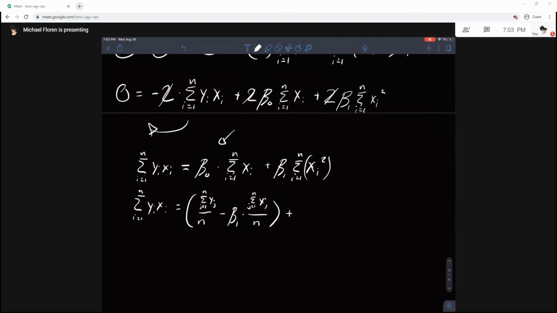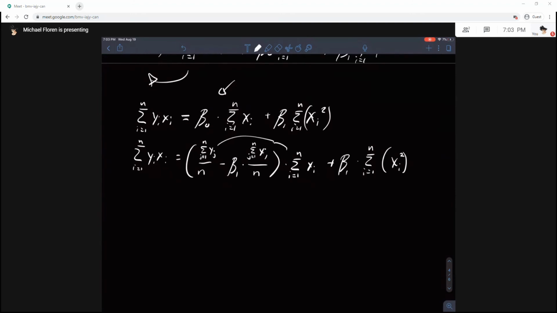Now all of this is going to be times the sum from i equals 1 to n of x sub i plus beta 1 times the sum from i equals 1 to n of x sub i squared.